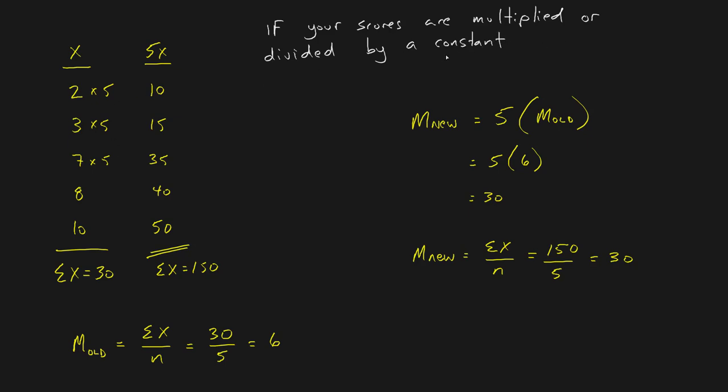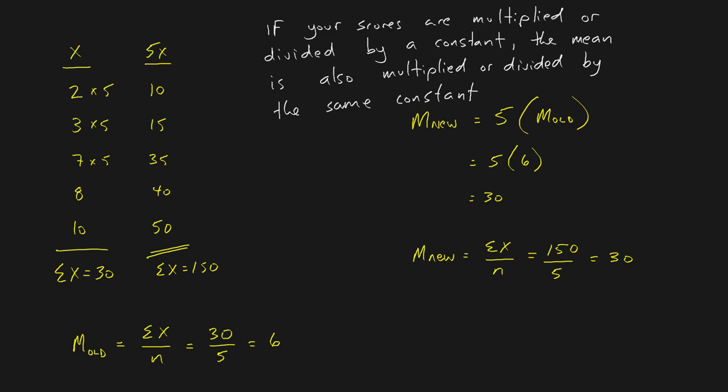So if your scores are multiplied or divided by a constant, the mean, and it doesn't have to be the sample mean, it could be the population mean, so I'll just say the mean in general, is also multiplied, which is what we did here, or it would have been the same if we had divided, by the same constant.